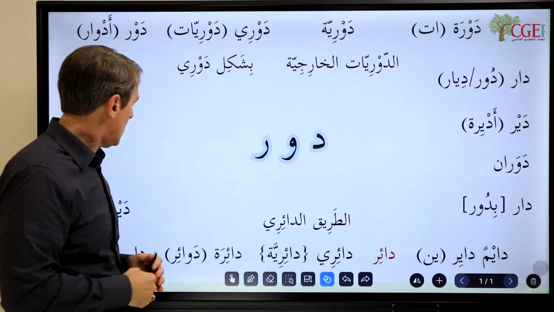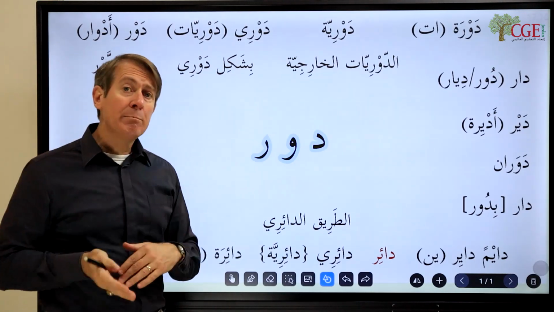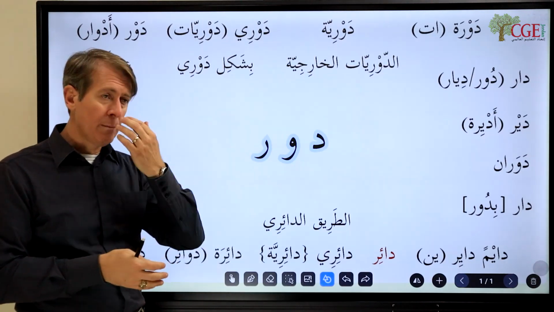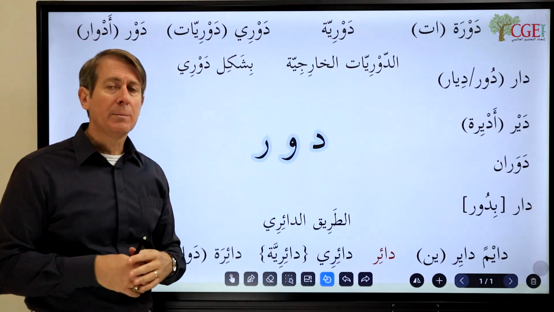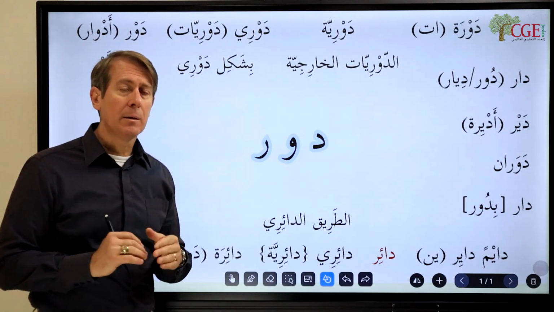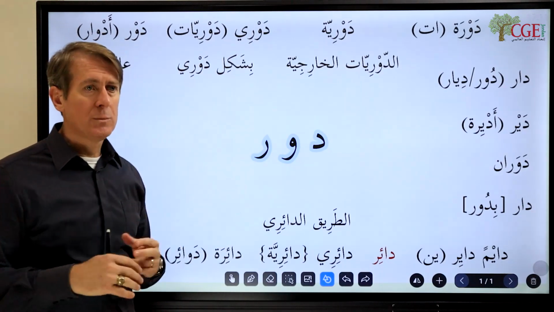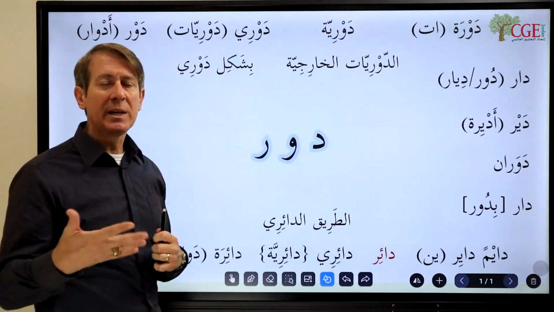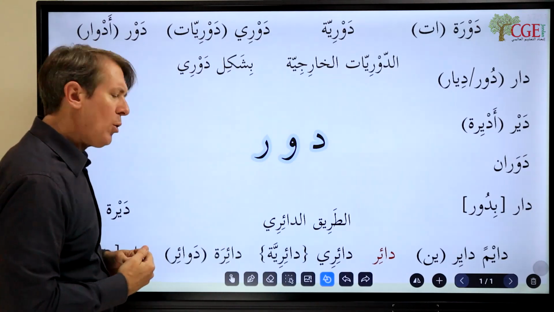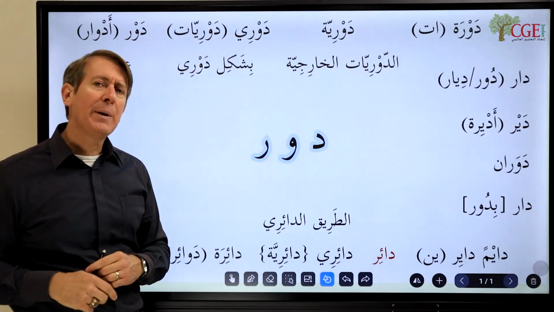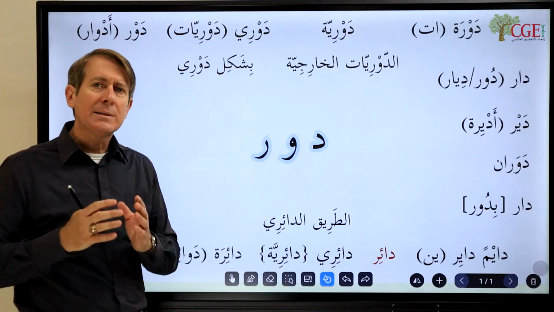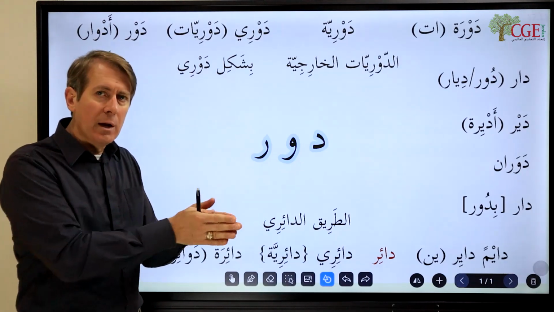Dir balak minno, be careful of this guy, be careful of him. Or dir balak min shorta, be careful of the police, because maybe you might be speeding. Or we might also say dir balak ala halak or dir balak alayhum, which means take care of them, take good care of them.